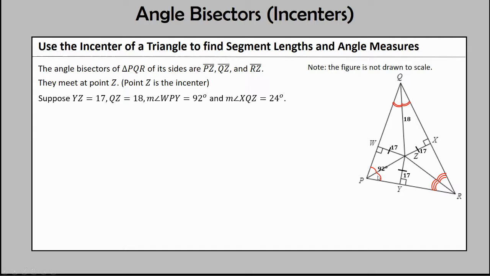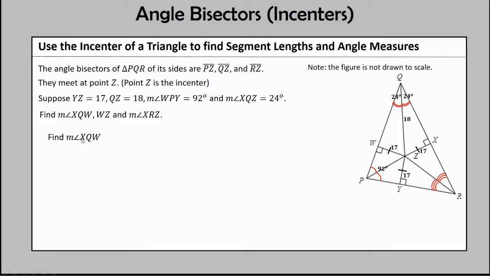Now we've cut it in half here, but the whole angle is 92. And then they tell us XQZ. So X, follow the letters here, XQZ, just this angle is 24. Well, if this angle's 24, this one's 24 because these two are congruent. So there's our givens.